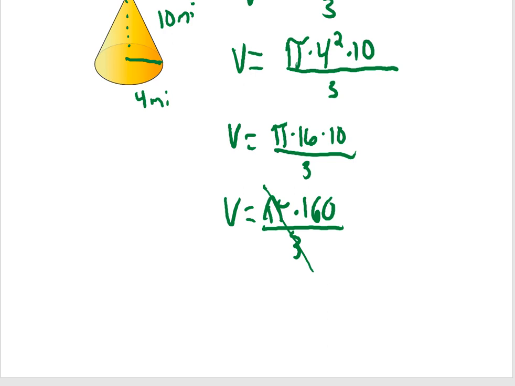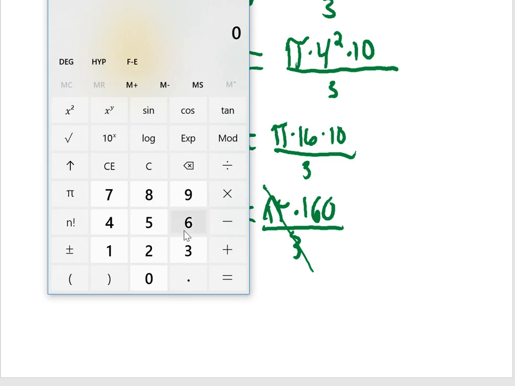So let's just see what the calculator says, and let's see how far off we are. We're going to use 3.14, or you could use the pi button in your calculator. 3.14 times 160, and you divide that by 3, and you get 167.4666.